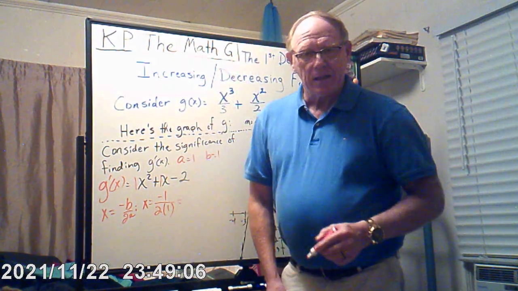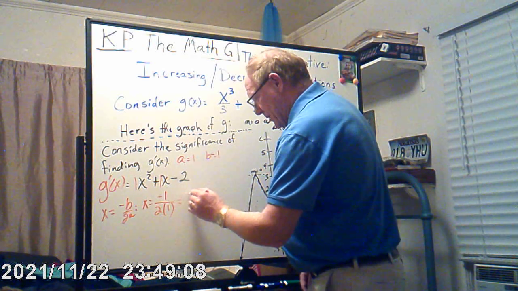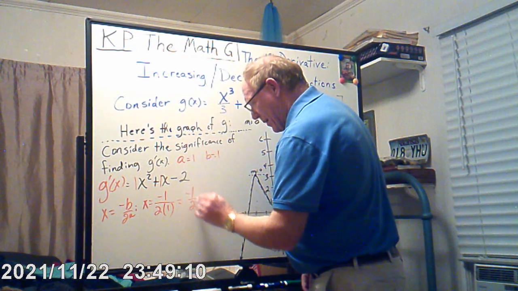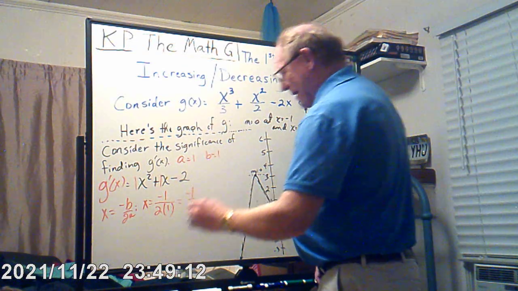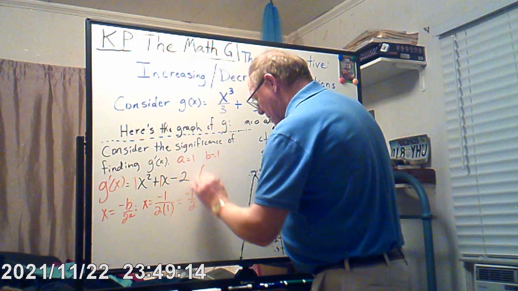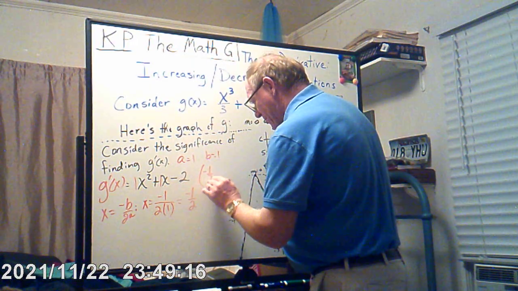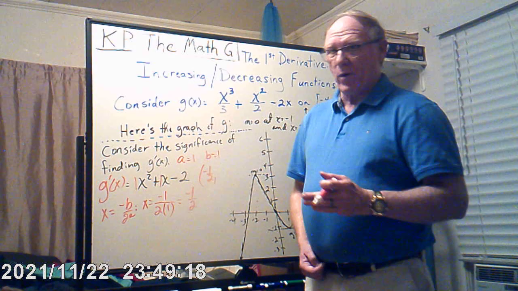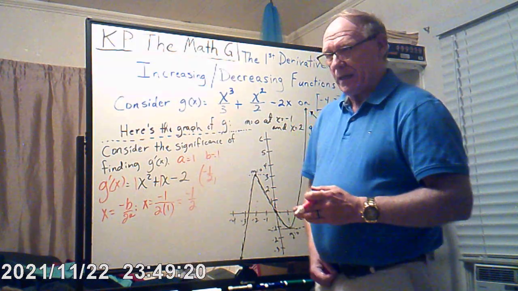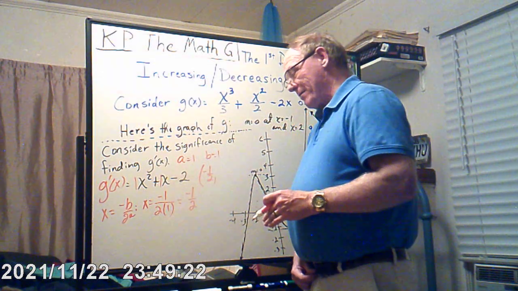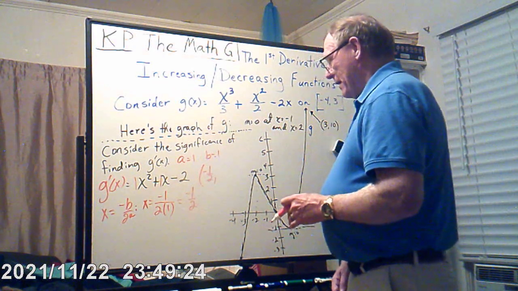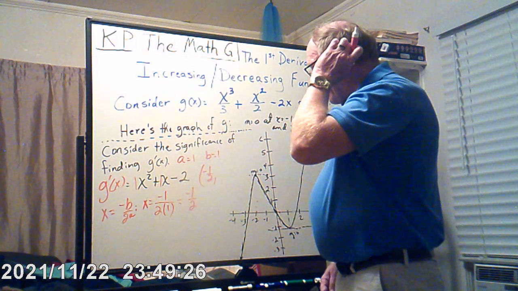Y'all see that? 2 times 1 is 2, so this is negative 1 over 2. That is the x value of the vertex, which, by the way, happens to be the absolute min for that matter.